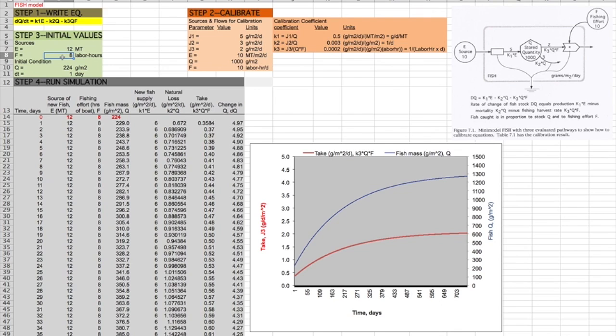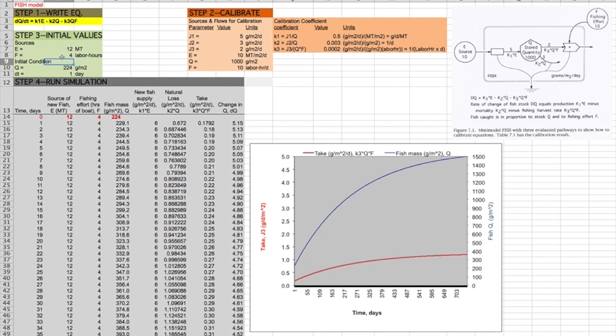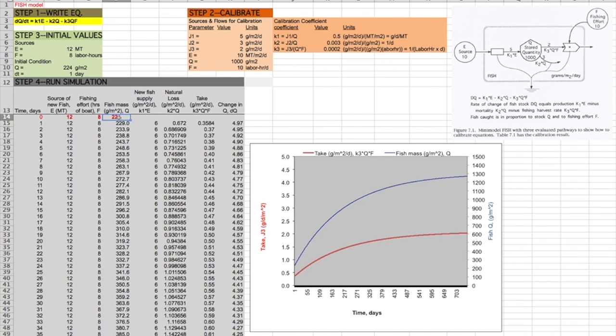So for example, instead of making F8, if I made it 4, I should see 4 change throughout my column here. Our initial value for Q, our fish mass or stock, is 224. That refers to the B10 cell.